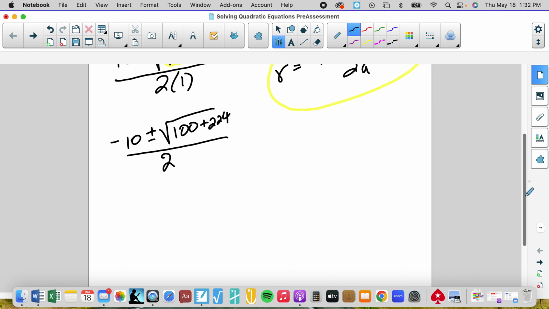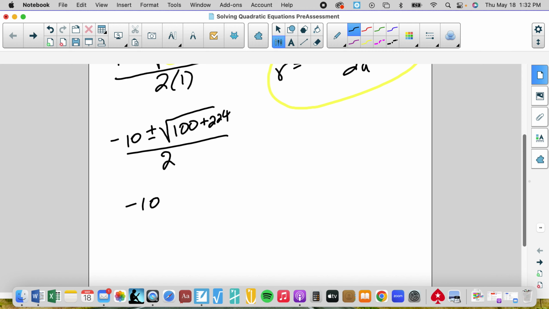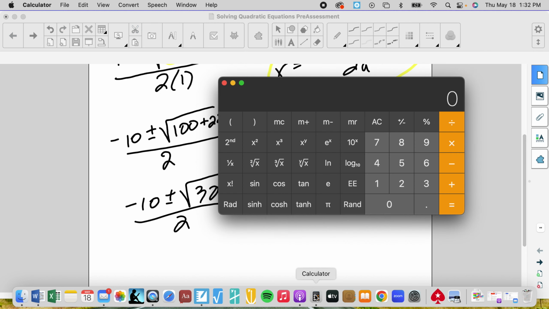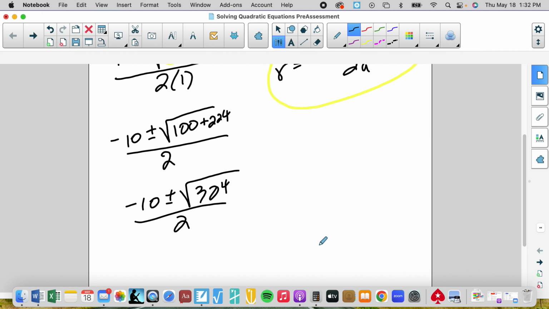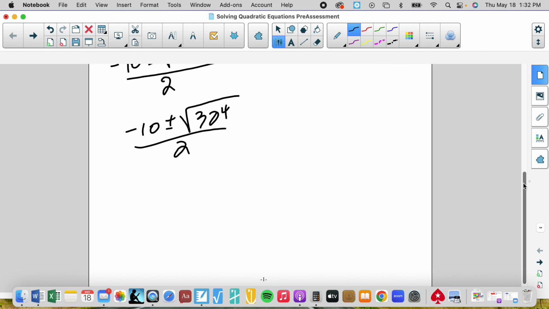And now we're going to simplify plus or minus. 100 plus 224 is 324 over 2. I'm going to use my calculator. 3, 2, 4. I'm going to see if it's a perfect square. It is 18. Who'd have thunk?